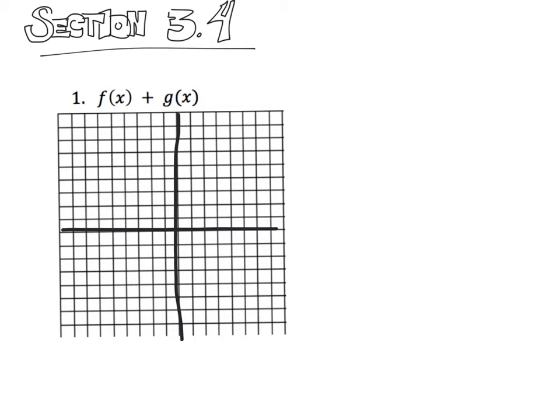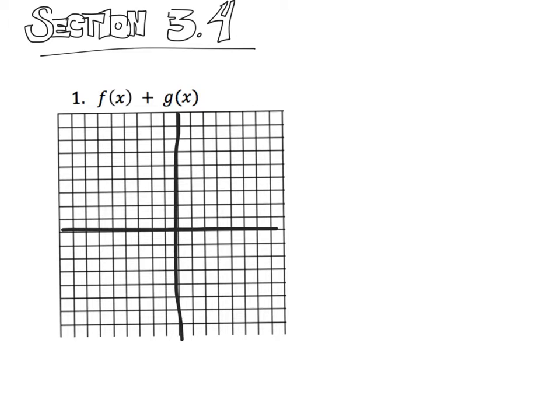The directions say, use the graphs above to complete problems 1 through 9. For each question, lightly sketch the graph of each function, and then on the same set of axes, graph the solution. So this is asking us to do f of x plus g of x. I'm going to look back up at the graphs at the beginning of 3.4.